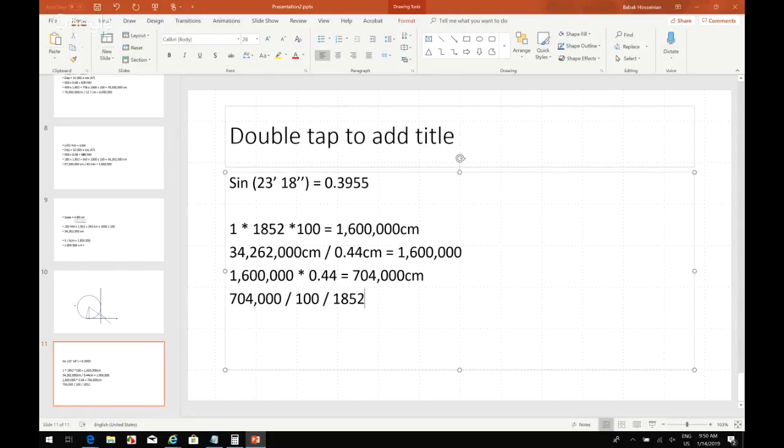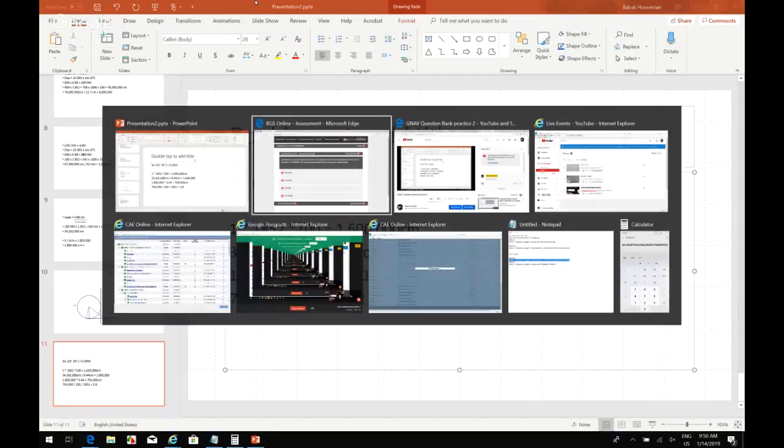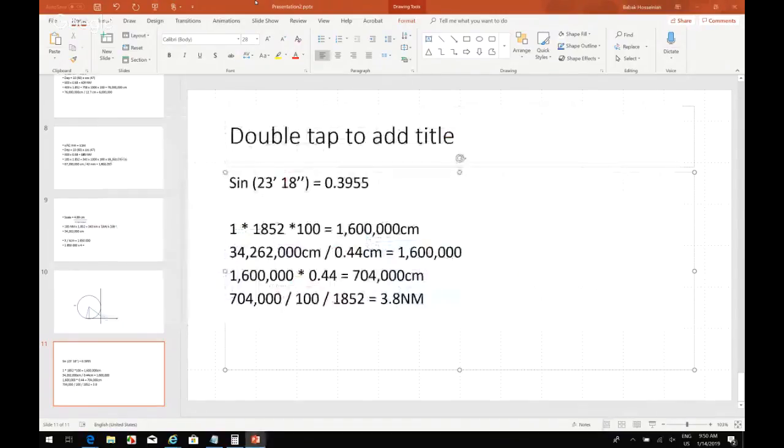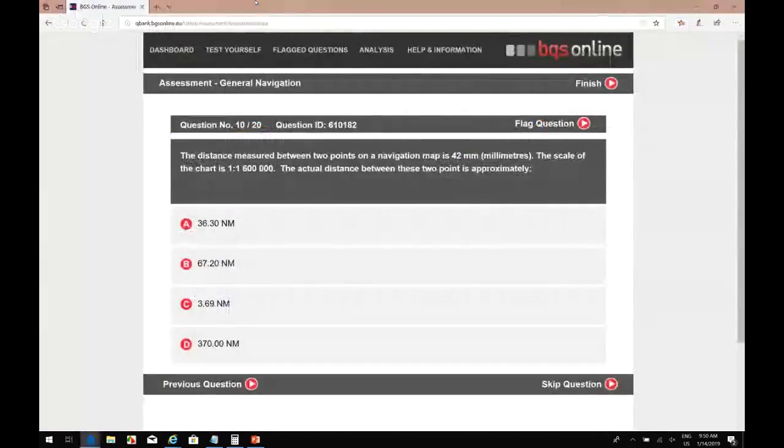That gives us an answer of 3.8 nautical miles. The closest is 3.69 nautical miles. No, that's wrong. It was actually 36.3. Okay, so I screwed up with the millimeter.